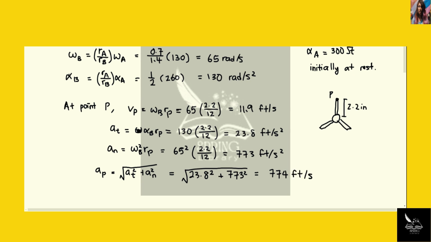This is the magnitude of the velocity at point P, and this is the magnitude of the acceleration at point P.